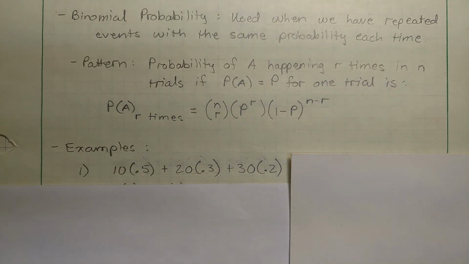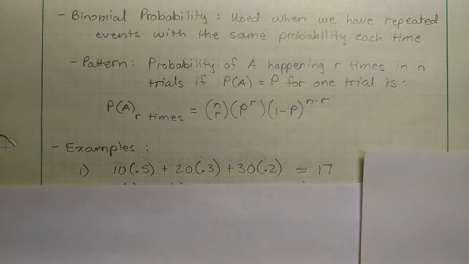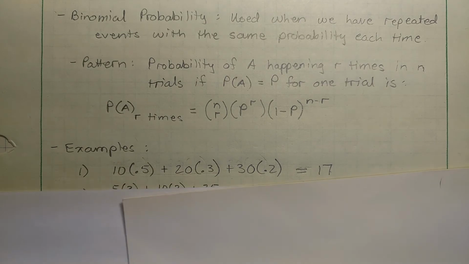When I add those up, the 0.5 times the 10 gives me 5. The 0.3 times the 20 gives me 6, so that's 11, and the 0.2 times the 30 gives me another 6, so I end up with 17. So when we say the expected value, that is what we would expect based on the number of times each one of those numbers comes up. That's how we would calculate expected value.